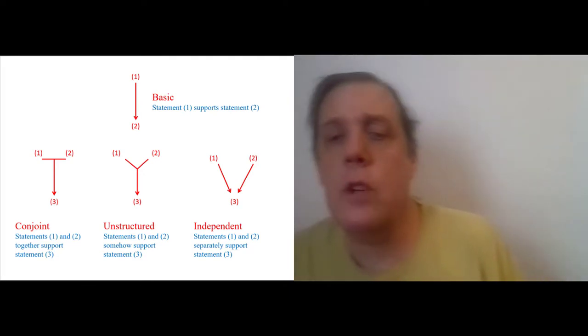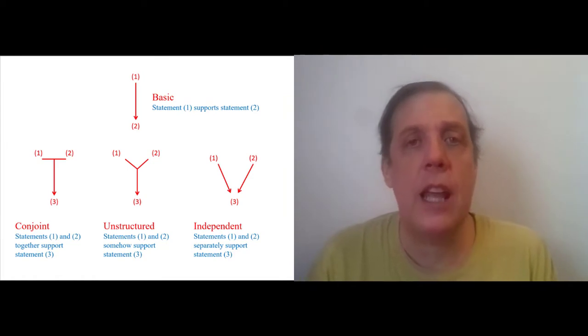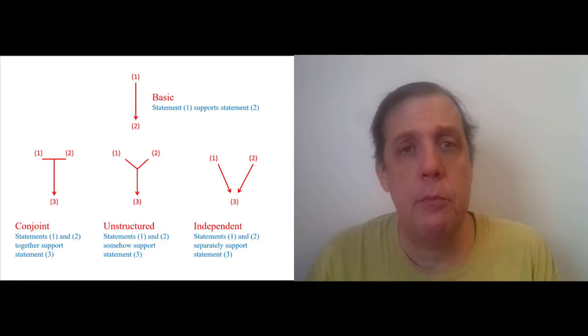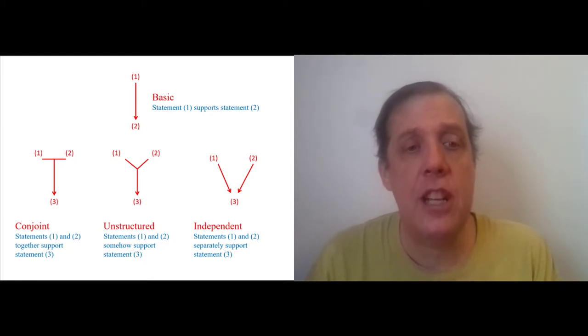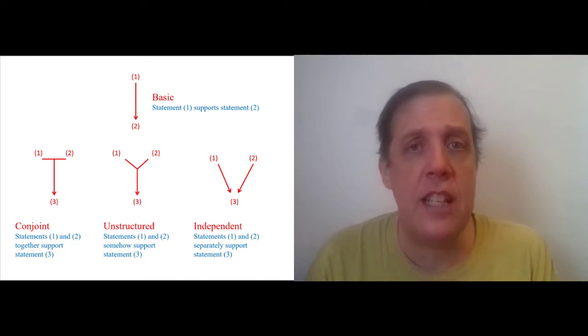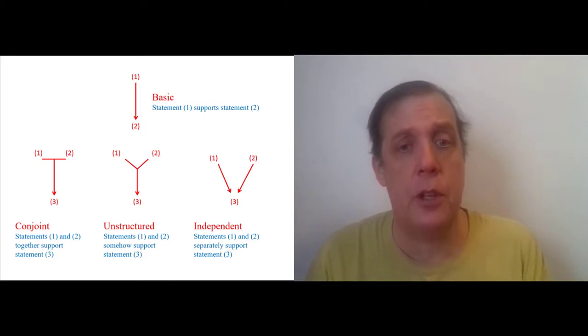The other three basic diagrams show the way that two premises can interact. So if you have conjoint premises, you have a T diagram, and that shows that statements 1 and 2 together support statement 3, and that both statements need to be there in order to have sufficient evidence to believe the conclusion.